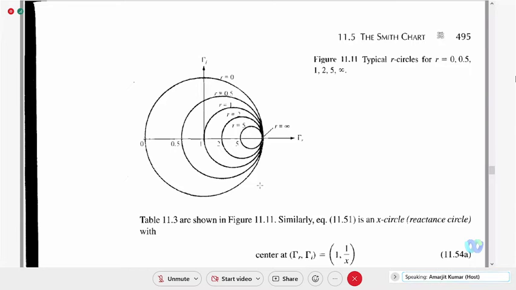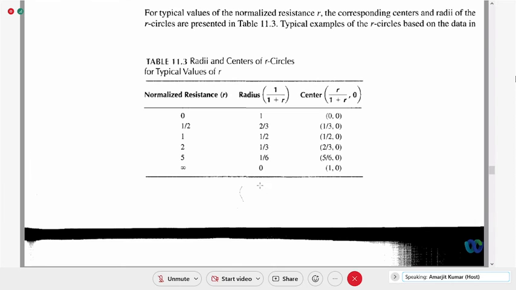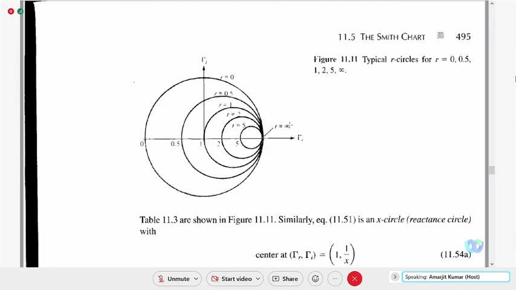If r is equal to infinity, what will be the radius? 0. The radius will be 0 if r is equal to infinity. Radius 0 means a point circle. So the circle will be a point for r equal to infinity. We are here, it is a point circle.